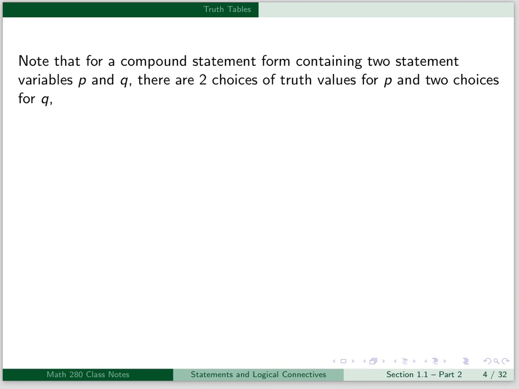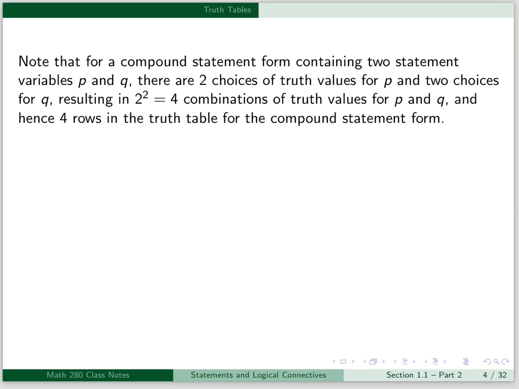Note that for a compound statement form containing 2 statement variables p and q, there are 2 choices of truth values for p and 2 choices for q, resulting in 2 squared or 4 combinations of truth values for p and q, and hence 4 rows in the truth table for the compound statement form.